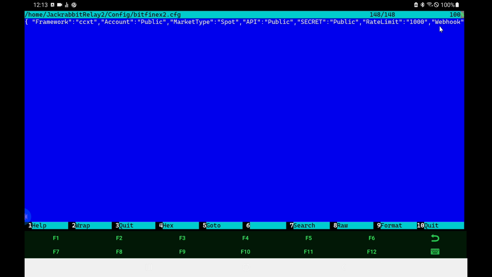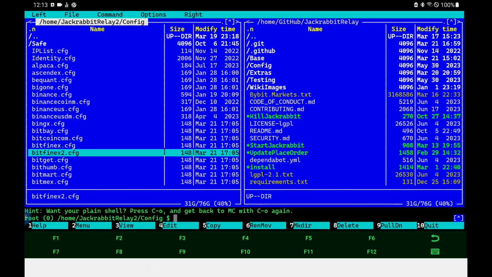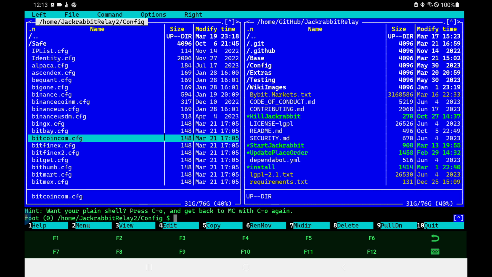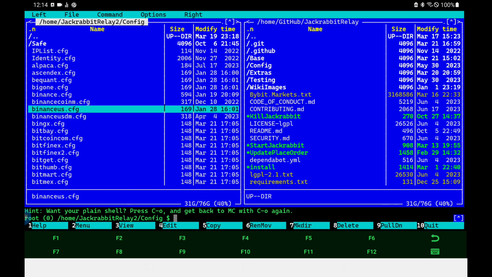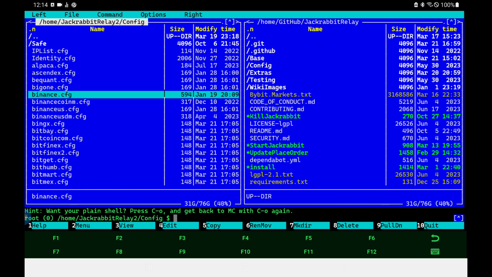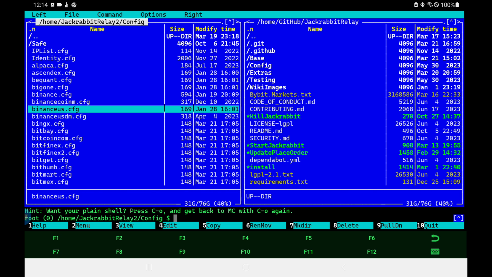So all of the functionality of the cryptocurrency exchanges with public APIs have now been recorded. And you can easily see the difference in size between those that have actual real data in them versus the ones that were generated by the script.